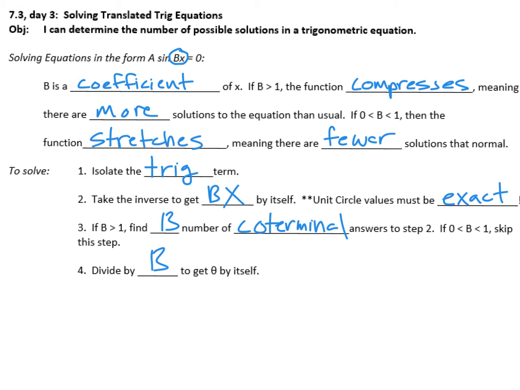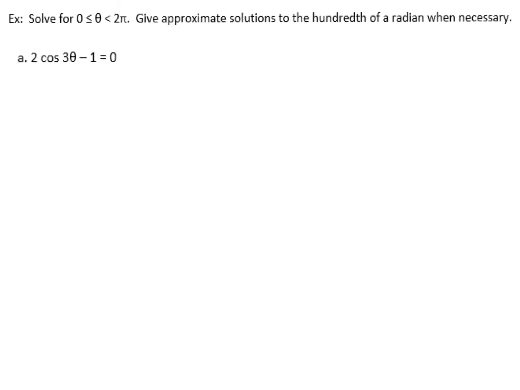And the very, very last thing is we deal with b and have to divide by it to get theta or x, right? We're kind of using those interchangeably here. Just know that that's the variable we're solving for. Could call it theta, could call it x. Doesn't really matter, okay? That's a description of the process. Let's do it. 2 cosine 3 theta plus 1. Let's dive right in.